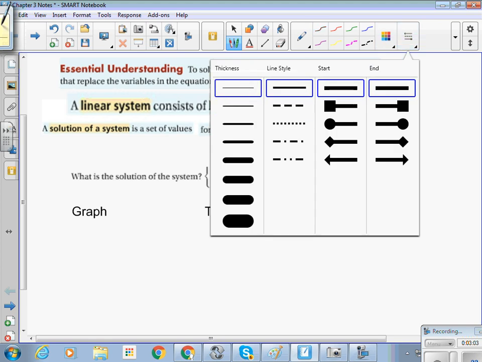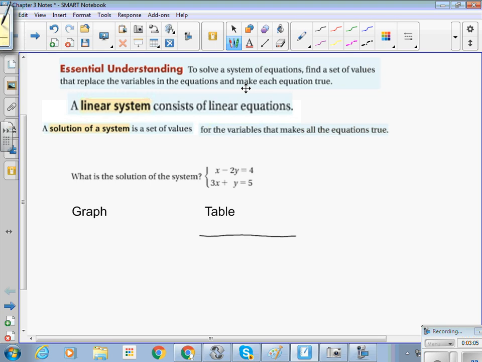Okay, so we're going to set up an XY table. If I have an XY table, it will be helpful if I have each of these equations solved for y.